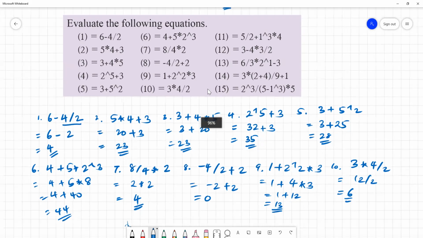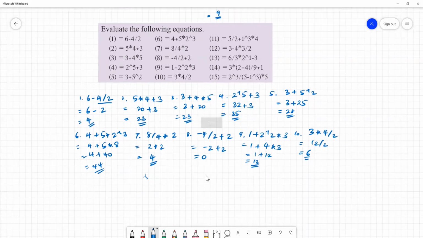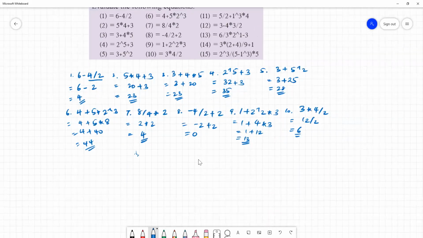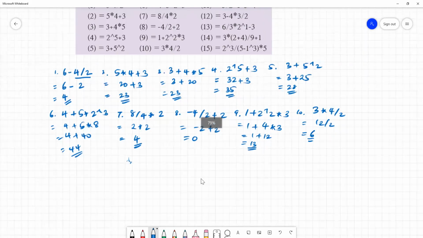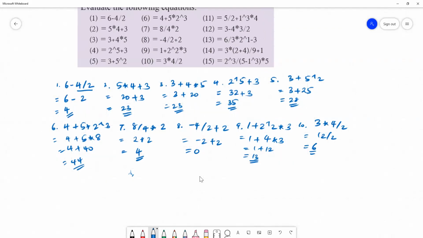Okay. Right. Now let's work on question number 11. So we have 5 divided by 2 plus 1 into 3 into 4. So in this particular case, first of all, we have to work on this one.